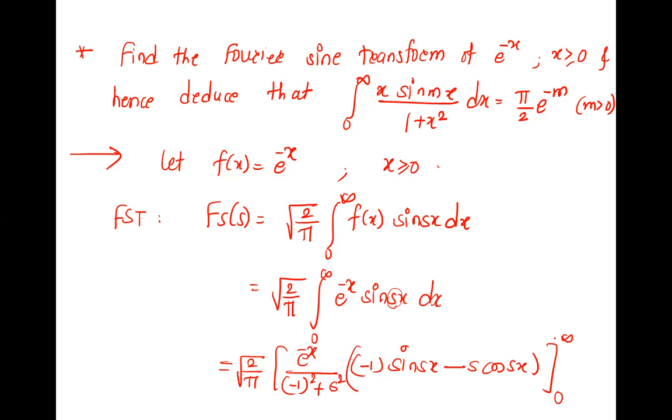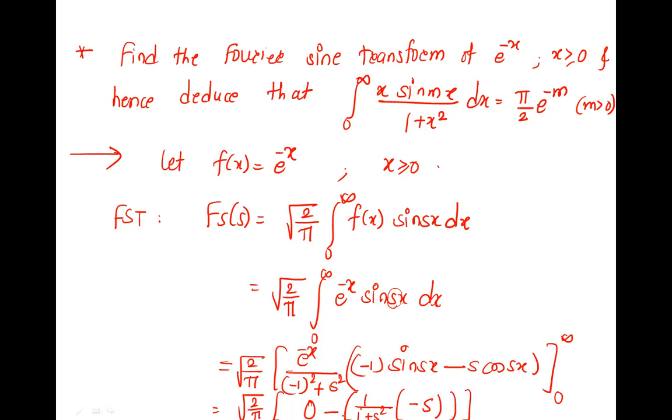If the upper limit is infinity, what will it be? 0. As we put infinity, e raised to minus infinity is 0, so the whole term becomes 0. Minus the lower limit, writing x as 0: e raised to 0 is 1, upon 1 plus s square, into sine 0 which is 0, minus s into cos 0, and cos 0 is 1.